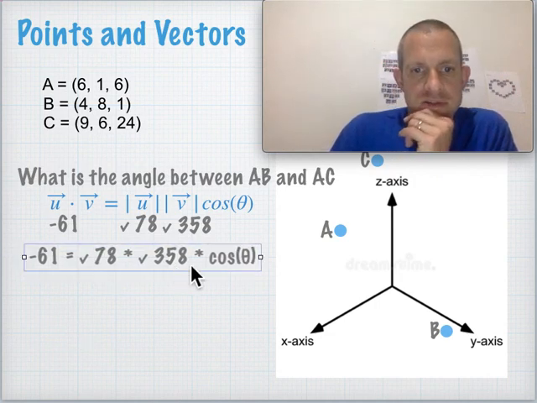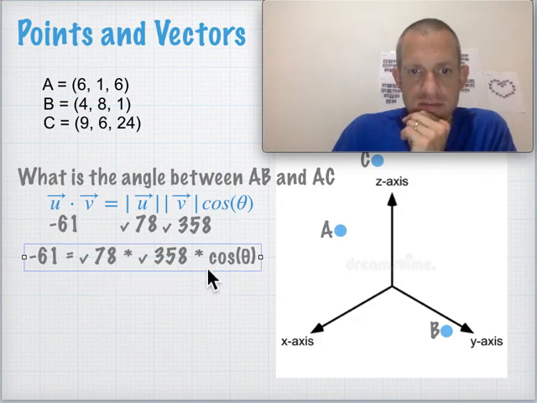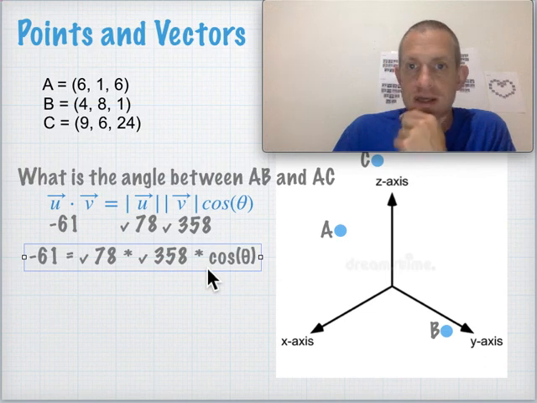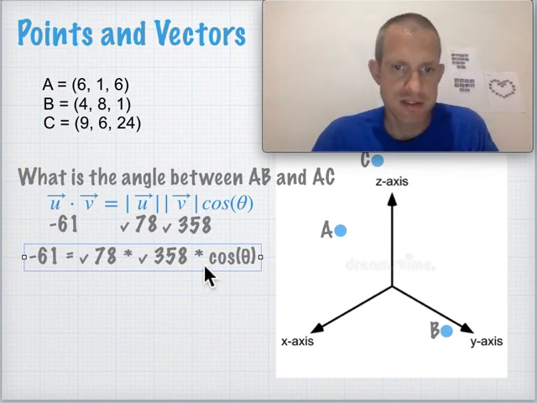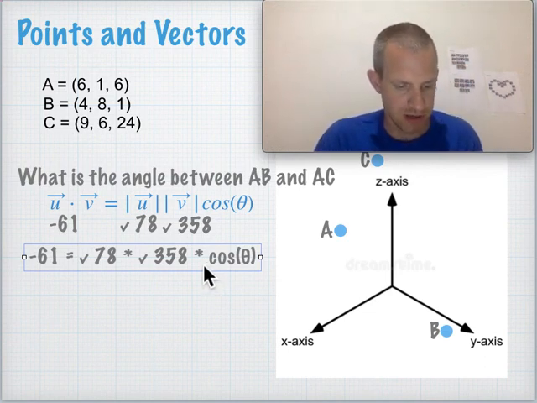To solve this, I will divide both sides by the square roots here. That'll give me cosine of theta, and then I'll do an angle lookup. Let me do some of that in the calculator here. -61, I'll divide by root 78, and I'll also divide by root 358.